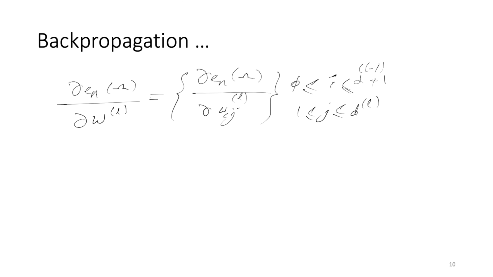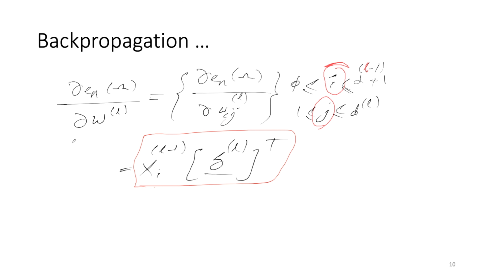Okay, now we need to compute this for all the i's in a span from 0 up to d of L minus 1, and also j's in a span of 1 up to d of L. So using the formula we found in the previous slide, the gradient associated with each of those w's in the layers is equal to x_i of L minus 1 multiplied by this value delta of L transpose in a vector space.